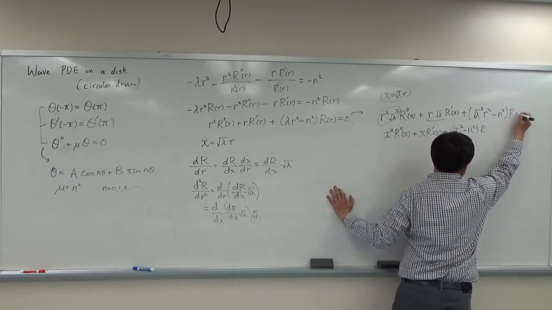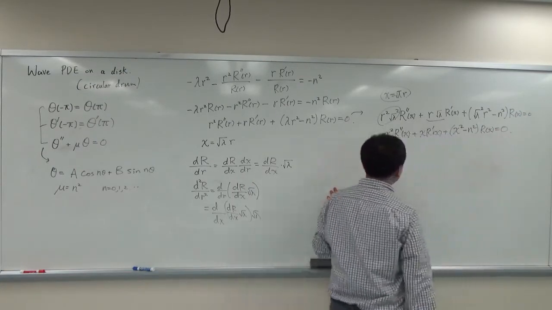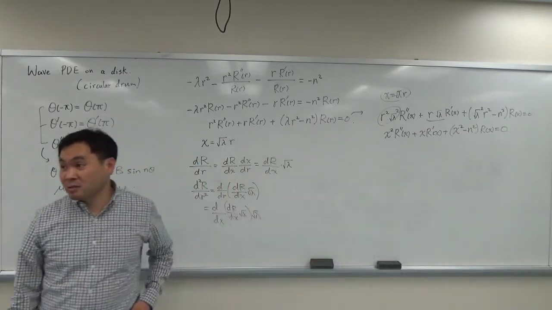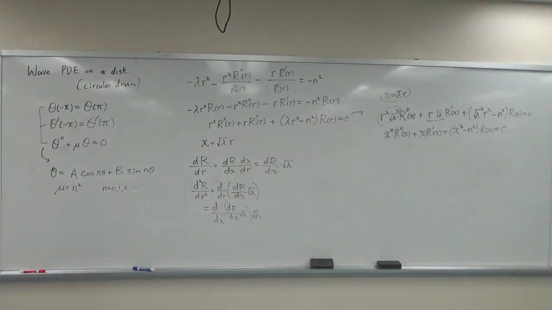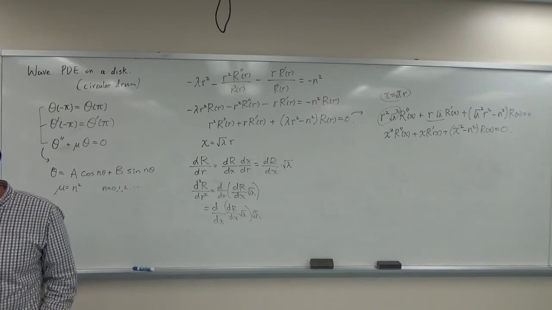And you're considering this as a function of x. But what do we do with the minus n squared? Oh, n is n. N is just some number. I see. Yeah, my bad. Never mind. So what is that? That's the Bessel's equation, isn't it? Yeah, that's the Bessel's equation for integers.